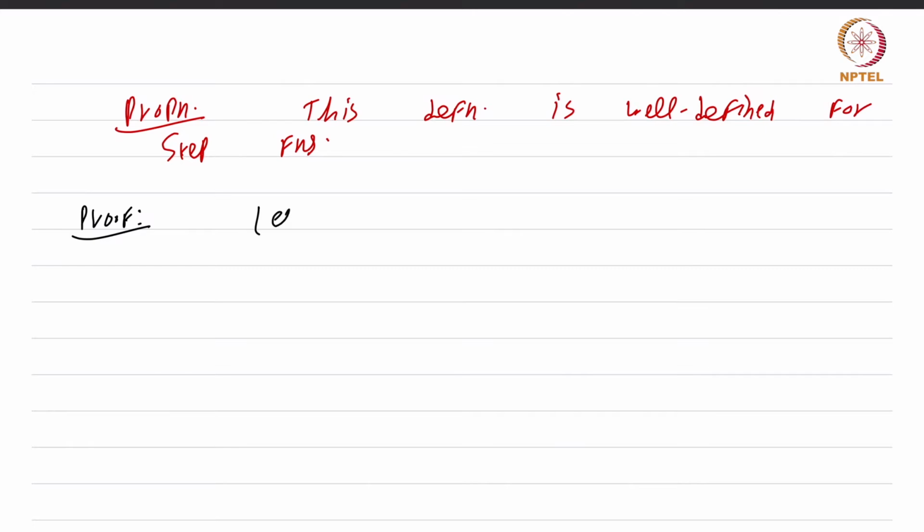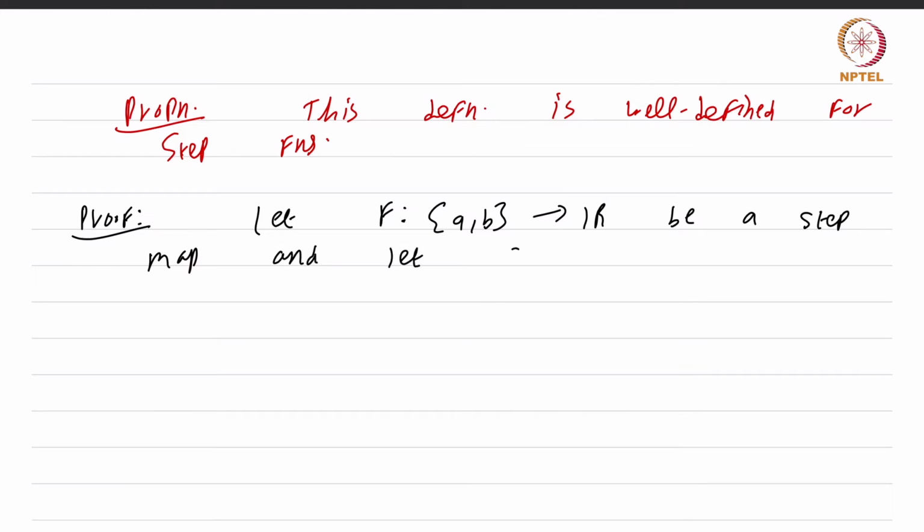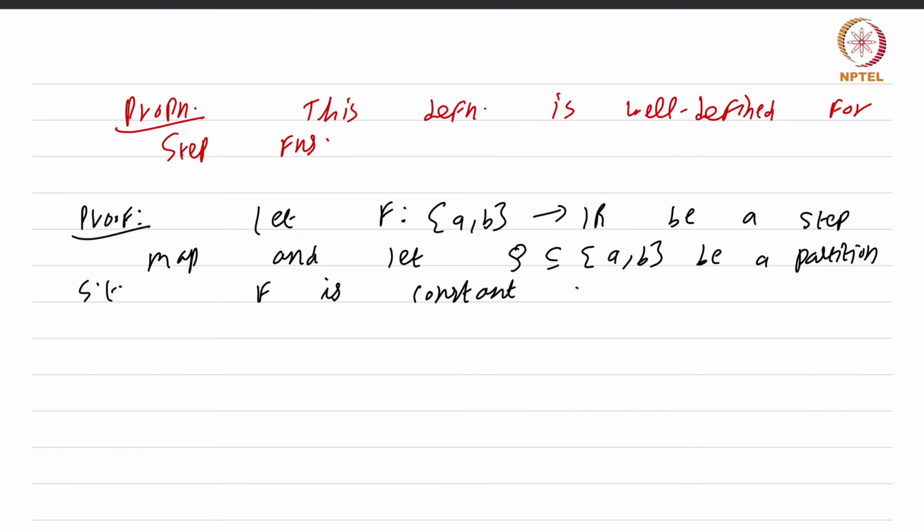Okay, so let f from [a,b] to R be a step function, and let P, a subset of [a,b], be a partition such that f is constant on the subintervals determined by the partition.